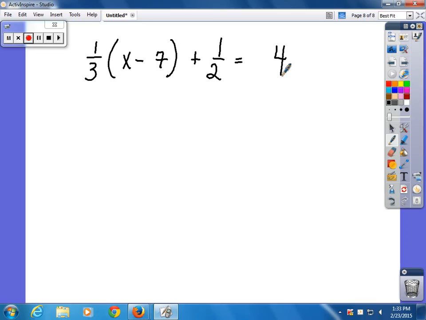What's the common denominator of 3 and 2? So you're going to multiply 3 by 6. Hmm? What's 3 times 2? We have to go back to unit 1, because that's the common denominator, 6.